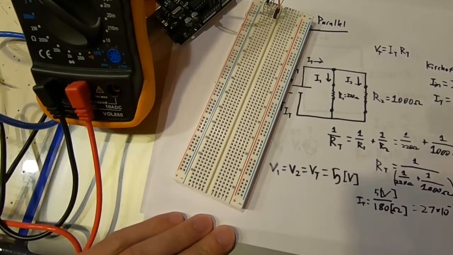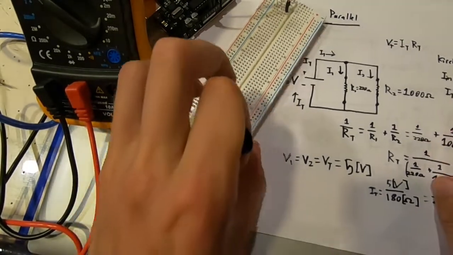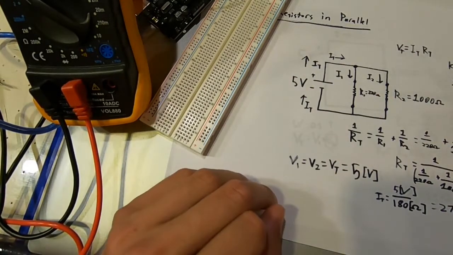So we know that I1 plus I2 has to be equal to 27 milliamps, or 27 times 10 to the negative third amperes. Or we could use this equation again.